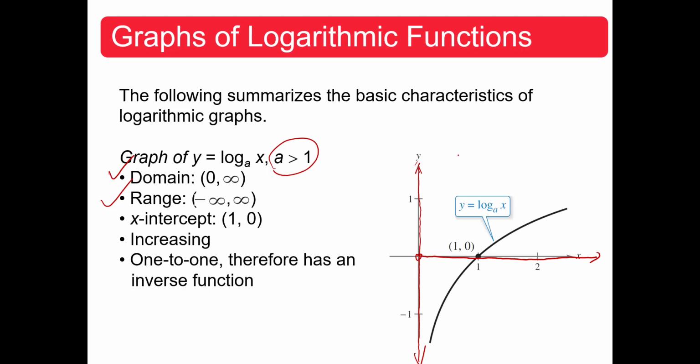The x-intercept is 1, 0. From left to right, it's increasing. It is one-to-one, therefore it has an inverse function, which we know is the exponential function with base a.